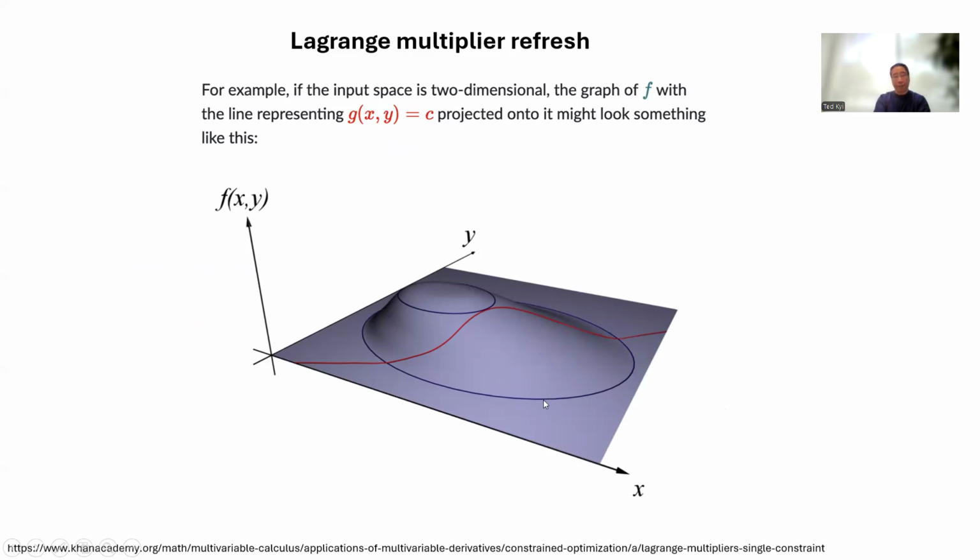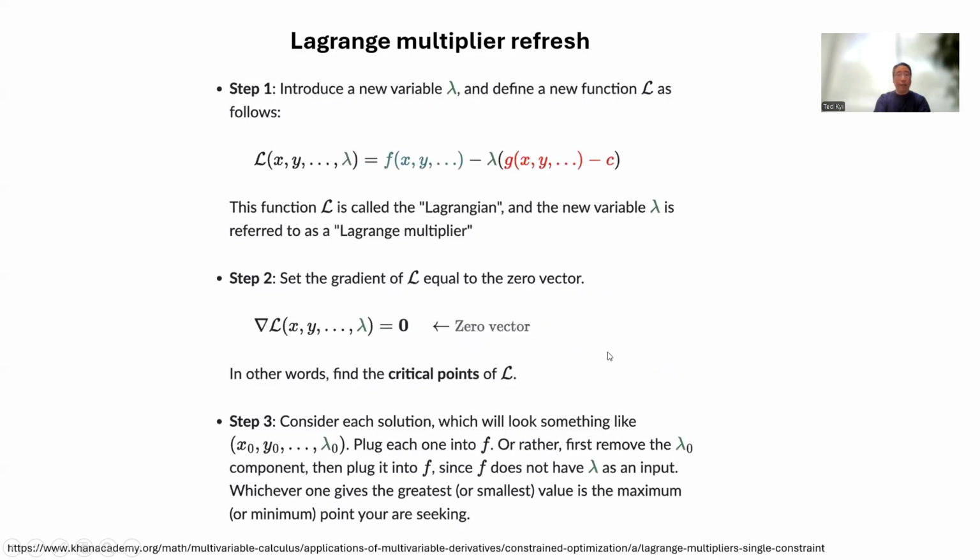This could be our loss function. If g is defined by this red line, and here we have an equality, we could also have an inequality, then basically we're trying to minimize or maximize all the points on this blue surface that are on this red line.